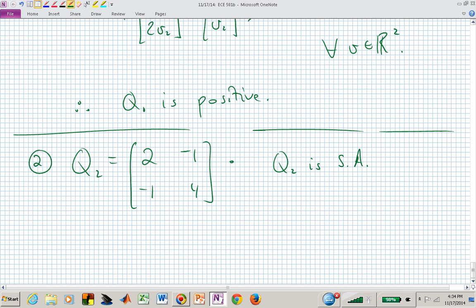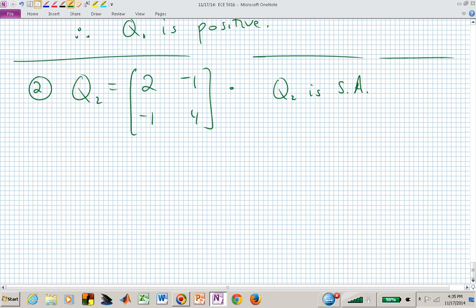Why is it self-adjoint? It's real, so now it just has to equal its transpose. It has to equal its complex conjugate transpose, but the conjugate doesn't do anything for us. Q2 transposed gives us Q2. So Q2 is self-adjoint. What about this inner product relationship?